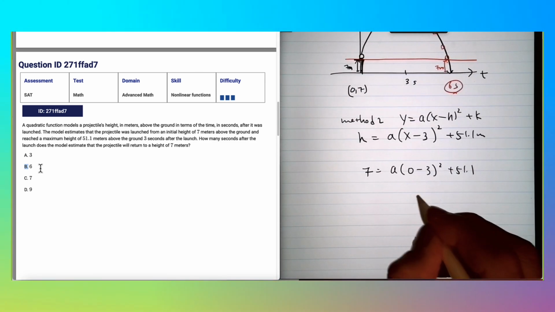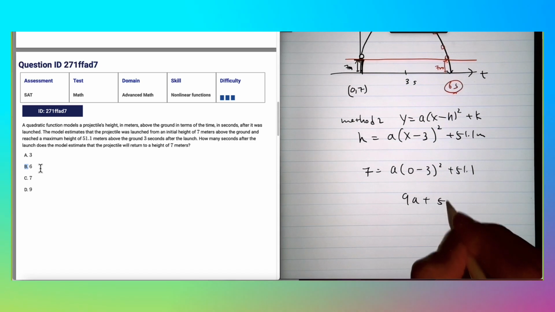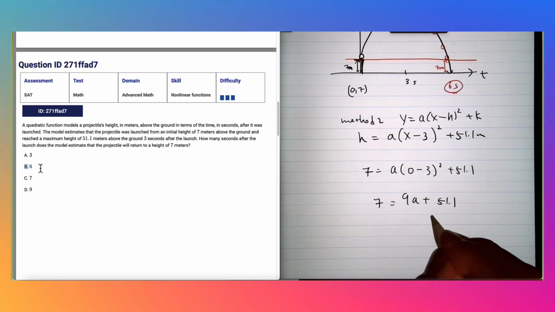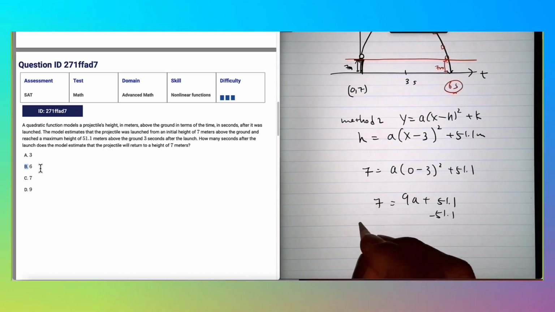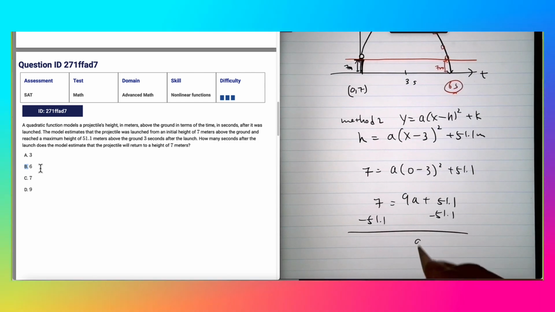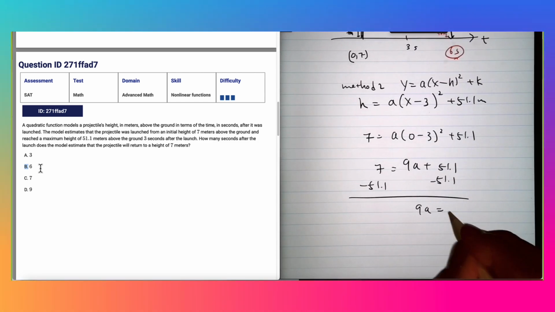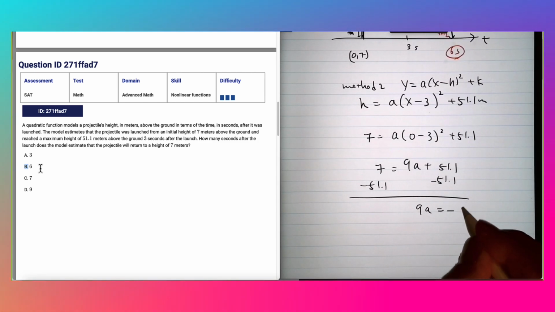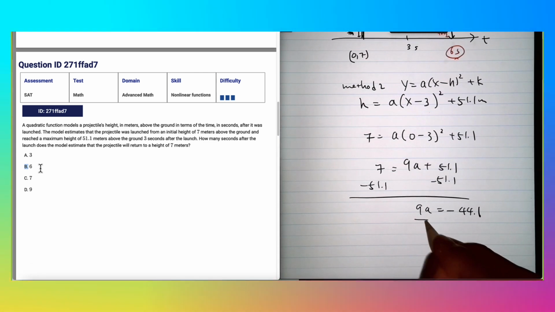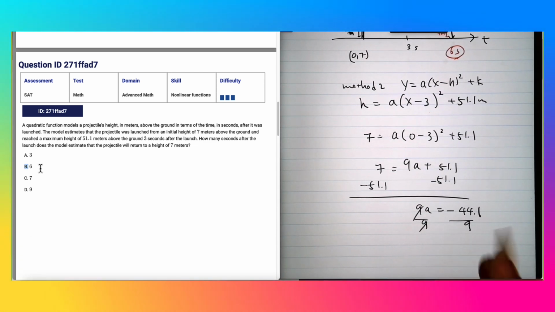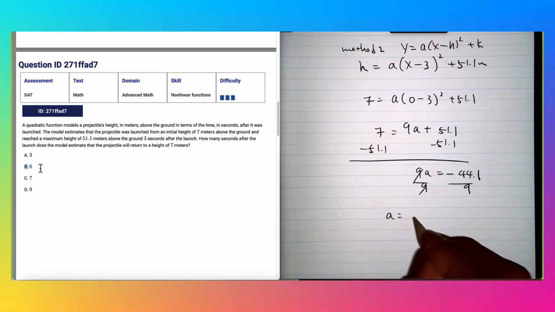Now negative 3 squared gives you 9, so 9a plus 51.1 is equal to 7. Subtract 51.1 on both sides and you get 9a is equal to negative 44.1, and you just have to divide by 9. Again, this takes a lot of time, so I don't recommend it.